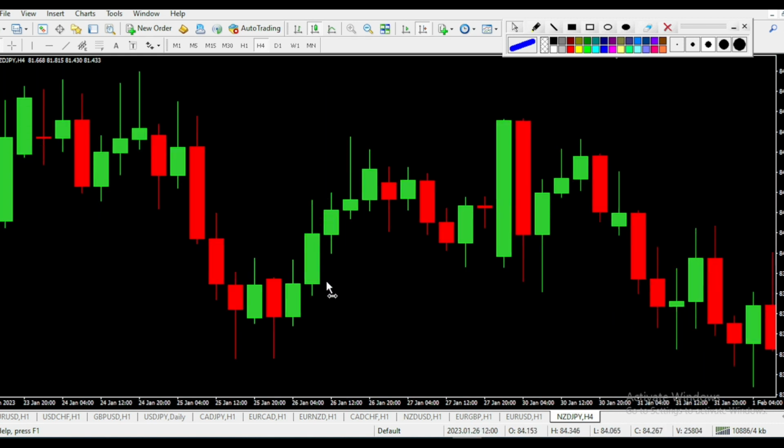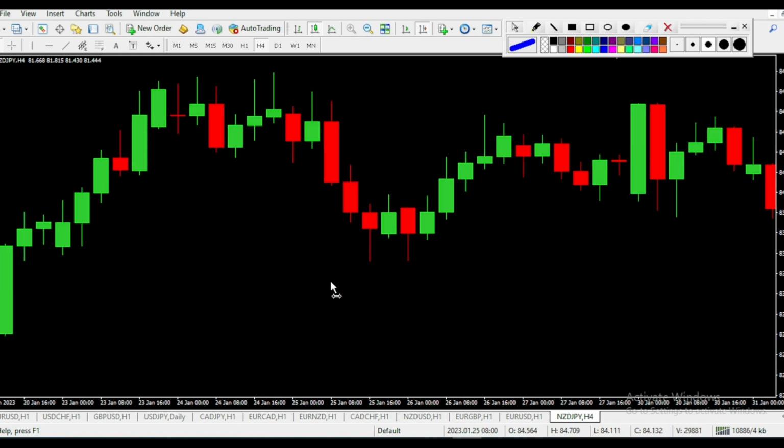Want to check a good spinning? Yes, here it is. An example of spinning is this one, even though it's not that clear. Yeah, this one is a bit close to spinning. You can see that the bodies are at the same point, this and this. So spinning does not mean that the wicks or the shadows must be the same.